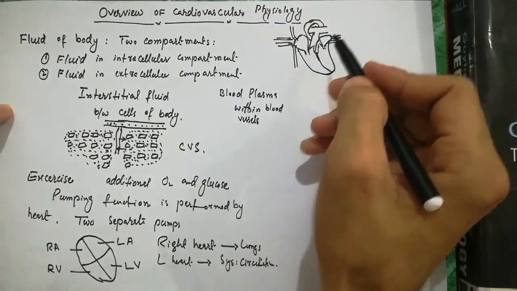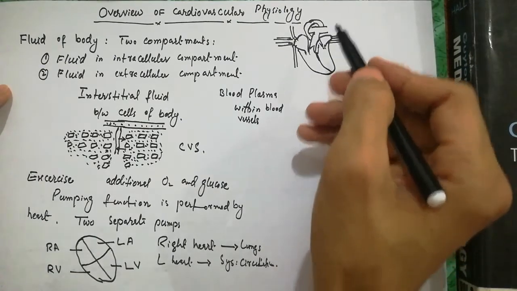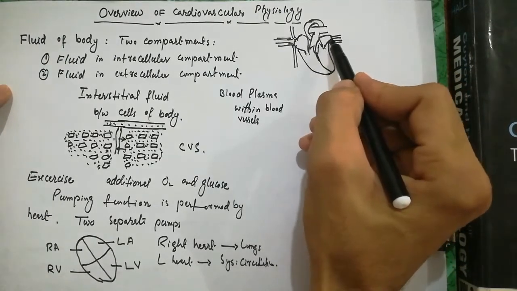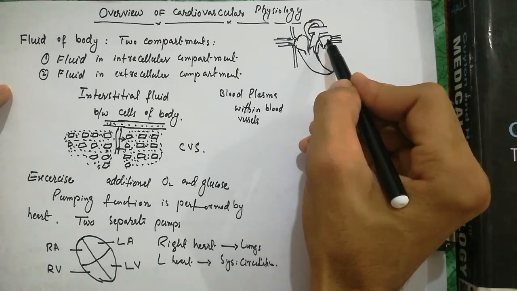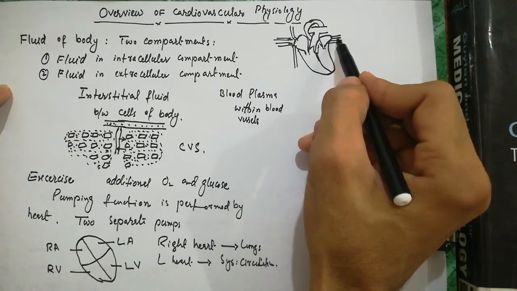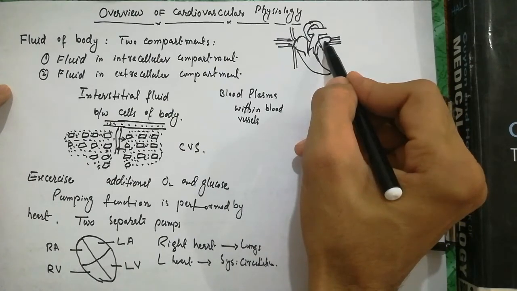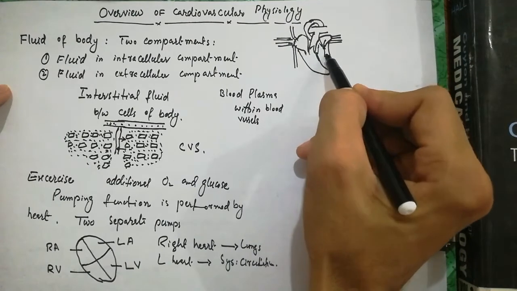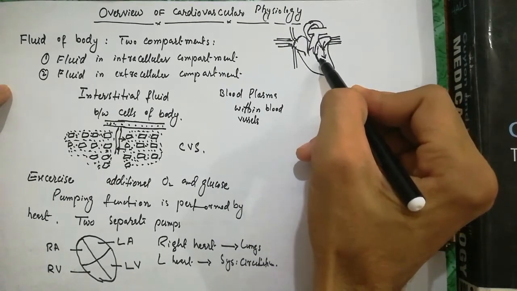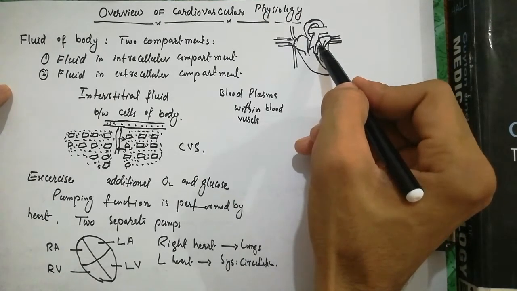If I denote the direction of blood flow by arrows, blood enters the left atrium from the lungs through the pulmonary veins, and then goes into the aorta through the aortic valve.